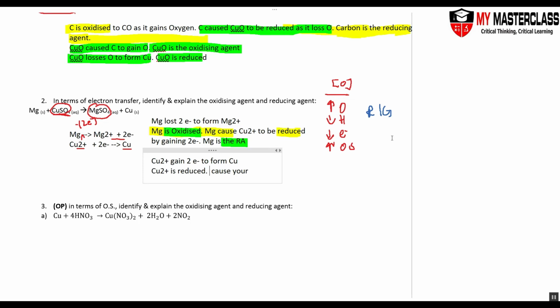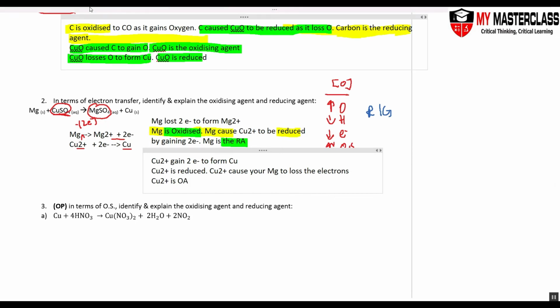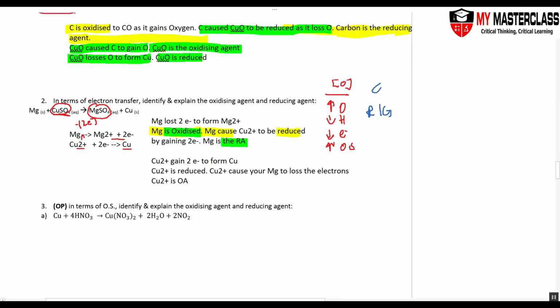So Cu2+ is being reduced, and Cu2+ causes your Mg to lose the electrons. Because it has to gain 2 electrons, it causes your magnesium to lose the 2 electrons. So when Cu2+ causes you to lose, it is the oxidizing agent, because oxidation is loss, OIL RIG. It causes magnesium to lose, so it causes magnesium to be oxidized.